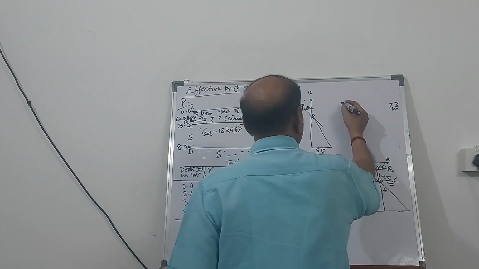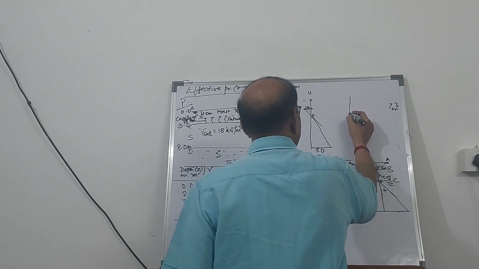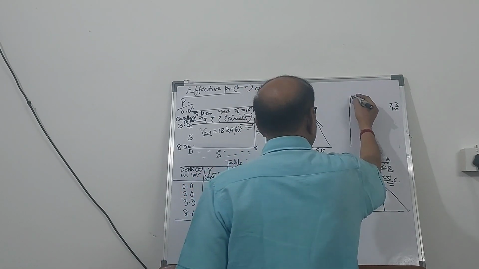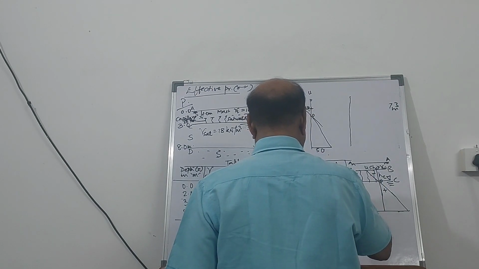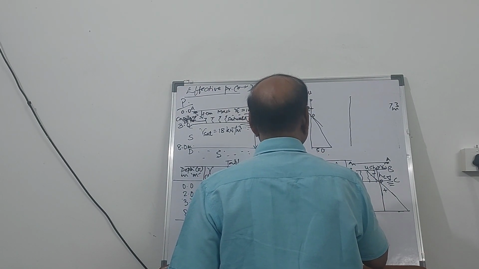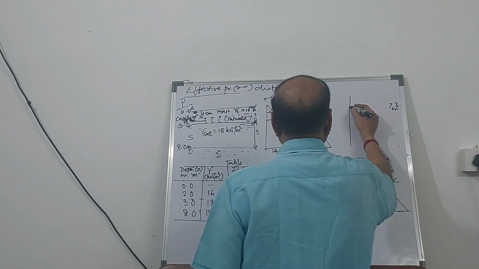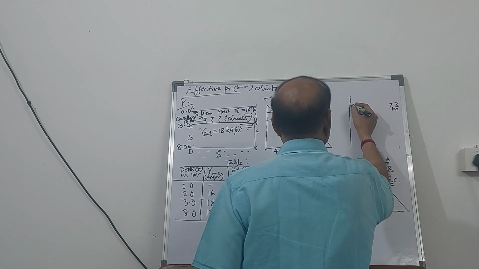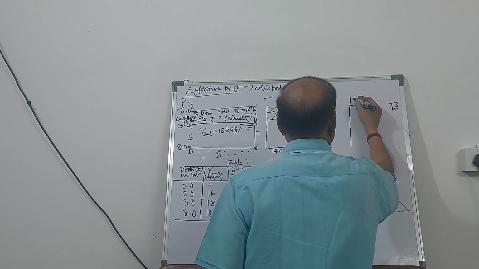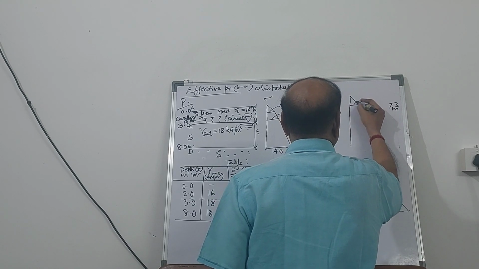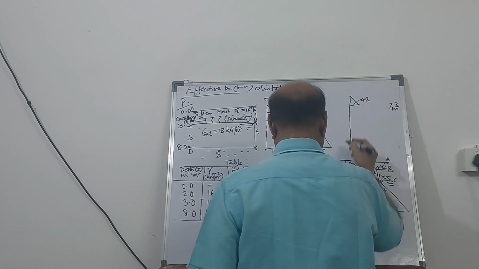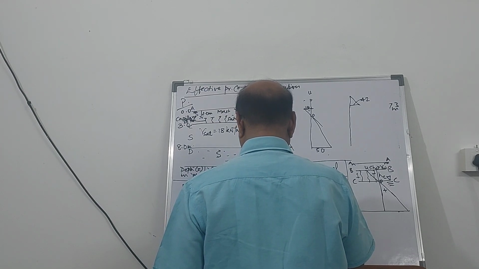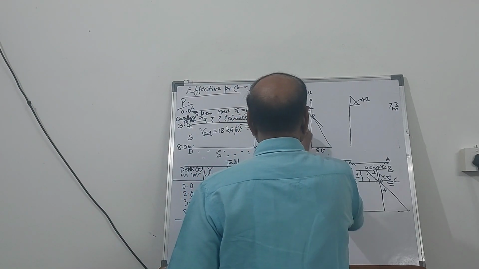Naturally, the effective pressure you can also plot. The effective pressure is shown here. It is 0 and then it becomes 42 here. So 32 minus, plus. So here the effective pressure becomes 42. And then at CC it becomes 50.